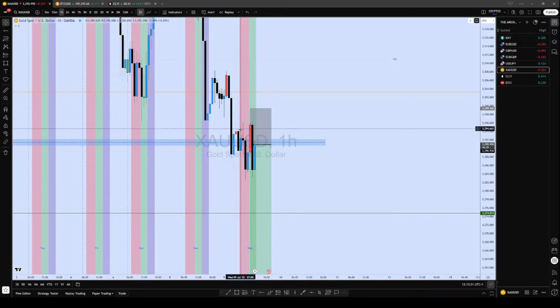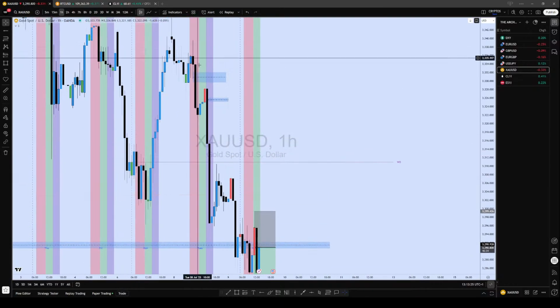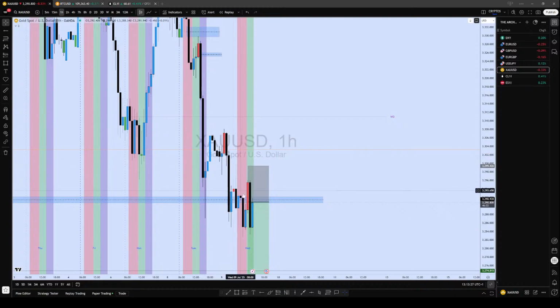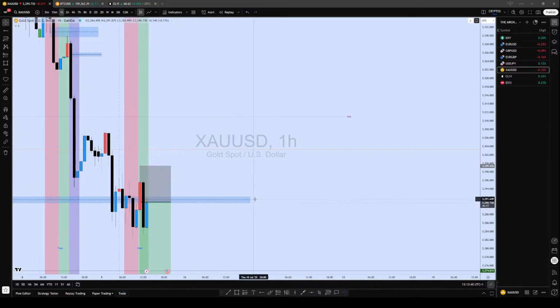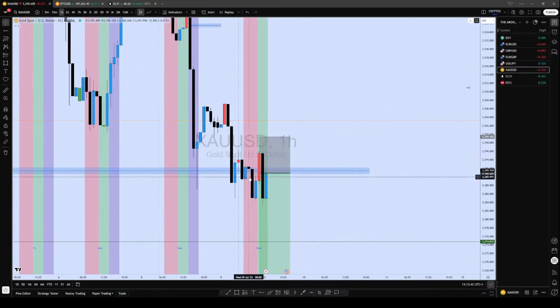This 1 hour candle, it's an order block because we are bearish. Up candles with immediate close should, by definition of price action, hold price.